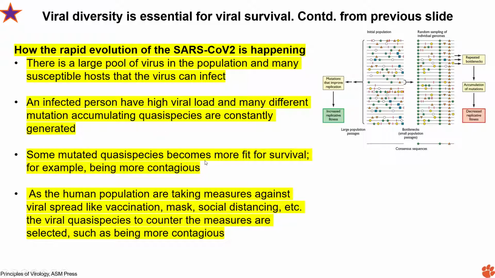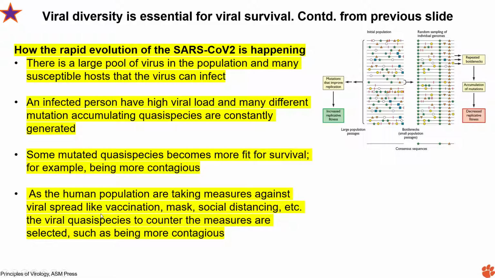Some mutated quasi-species become more fit for survival, for example, being more contagious. And as the human population takes measures against the viral spread, such as vaccination, masks, and social distancing, the viral quasi-species that counter the measures are selected, such as being more contagious. The one which has a mutation that can cross even under that situation is basically selected. So this is a very important slide, and in the present context as well.